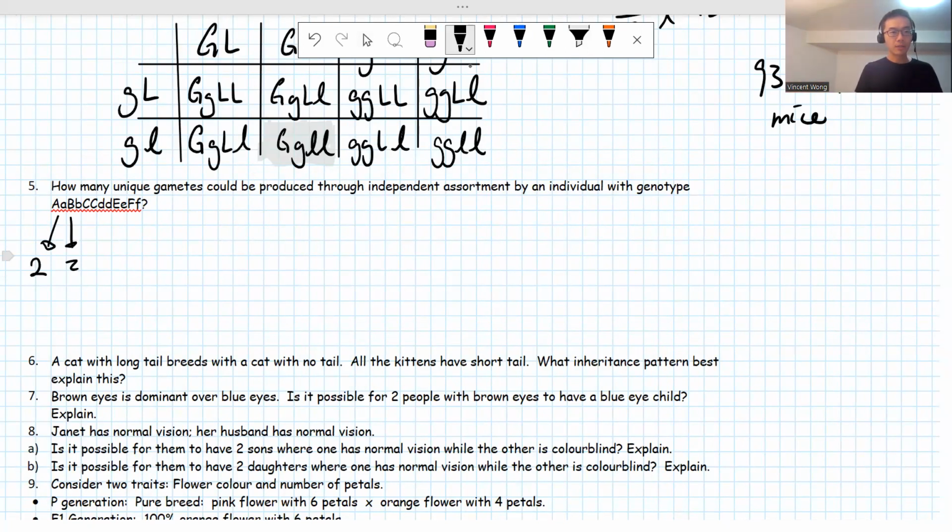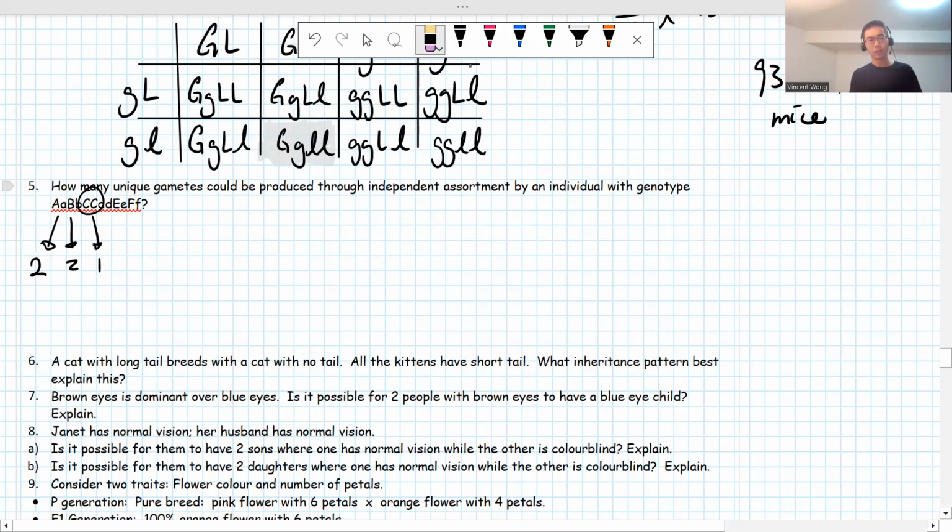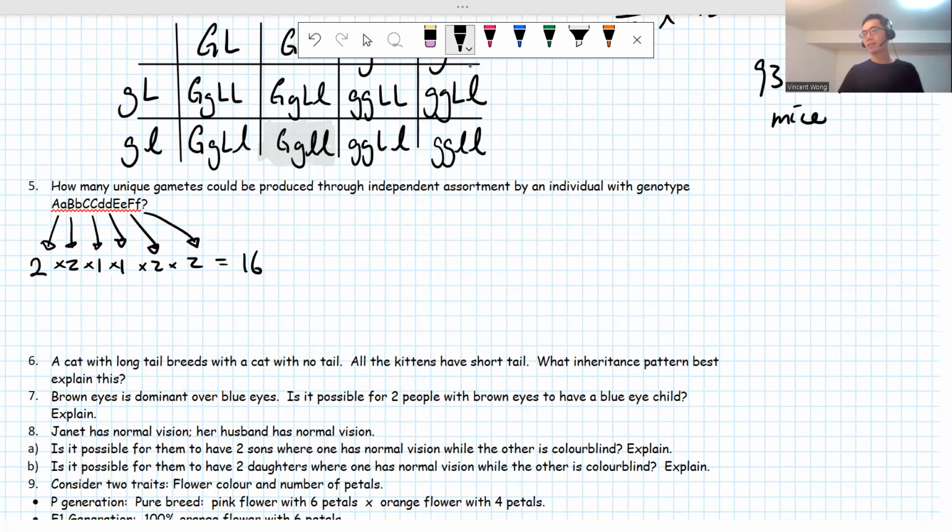So 2 here. If it's big C, then you really only have one choice. You pass on only big C. And then same thing for the next ones, 2 here and 2 here. You multiply all these together. So 16.